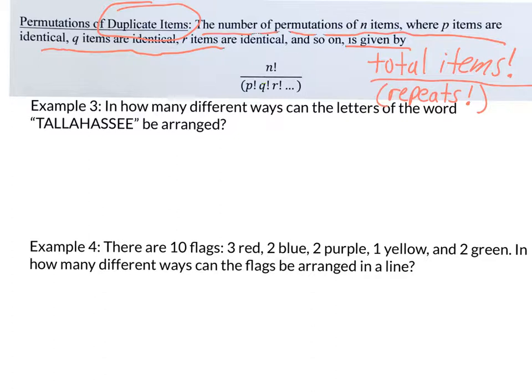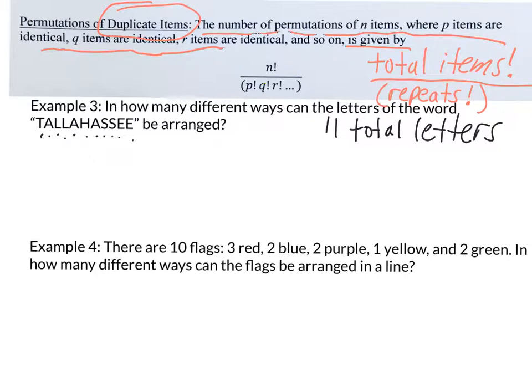So before I use the formula, I like to just write out the layout off to the side. So in Tallahassee, let's first count how many total letters there are. There are 1, 2, 3, 4, 5, 6, 7, 8, 9, 10, 11 total letters in Tallahassee. Then let's count how many of each letter there is.